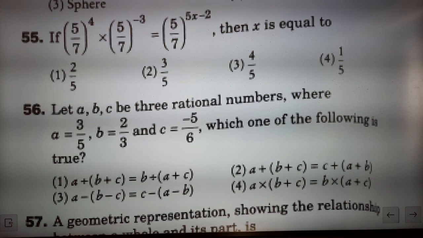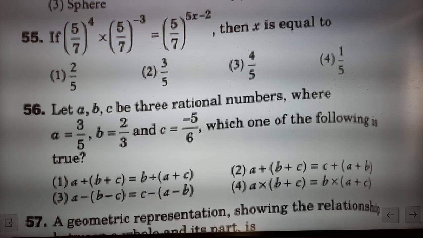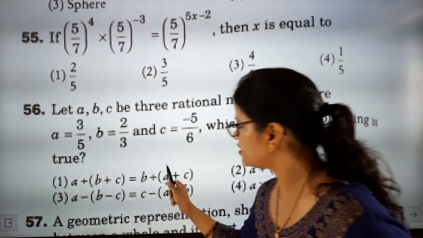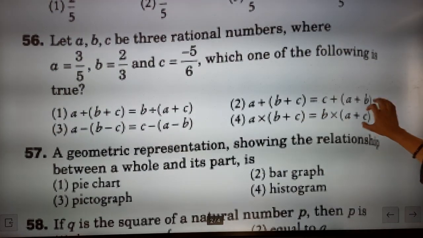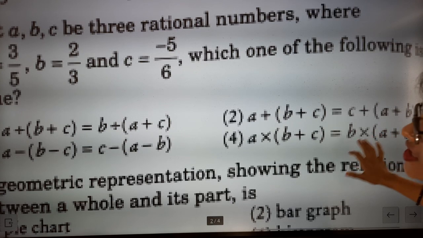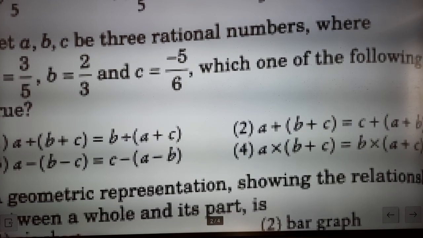Now we have to check which sign is getting used. First I have to see the signs here. Here in this part division is there. If division is there, then A will not become the answer, B will become the answer.